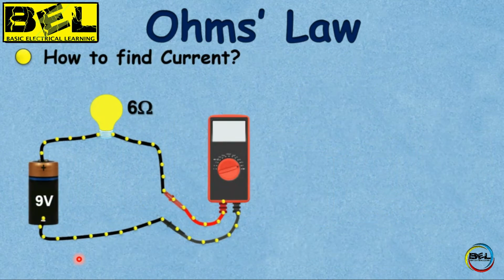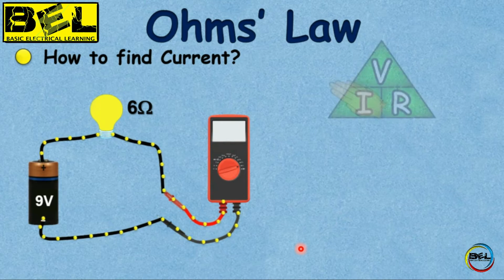Now how to find out the current? Here you can see that a 9 volt battery is connected with a 6 ohm resistance load, that is a bulb, and we have to find out the current. There is no current showing on the multimeter, so we have to first calculate with the help of the Ohm's law equation.